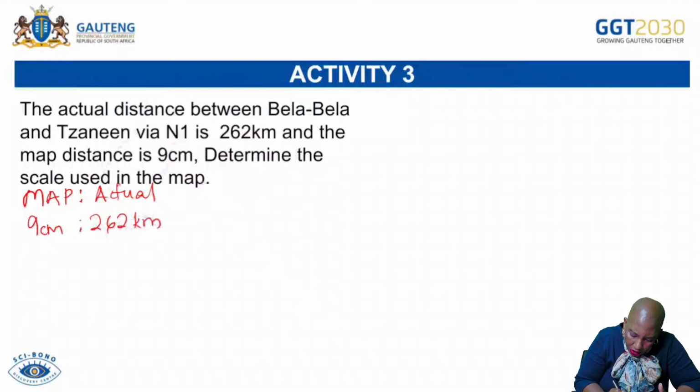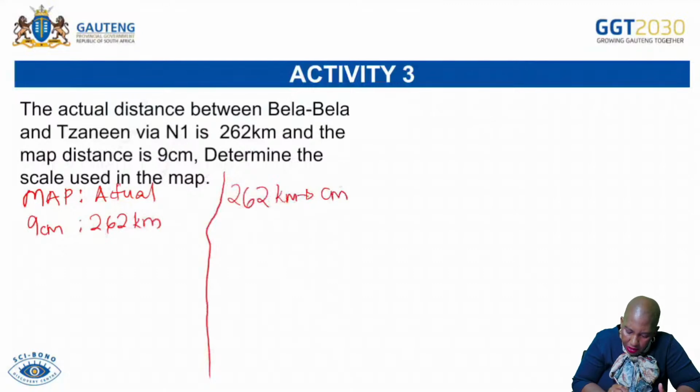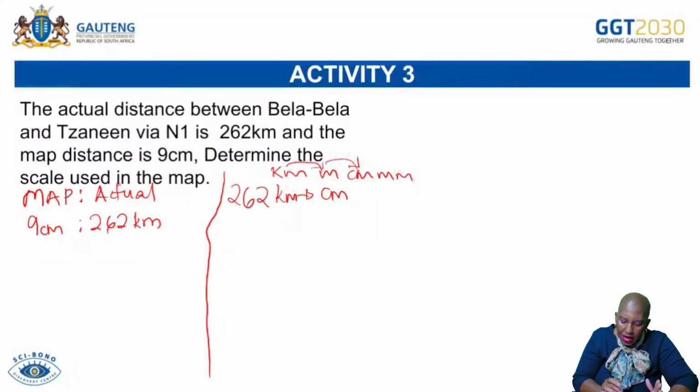If you allow me, I'm converting the 262 kilometers to centimeters. And then we said it's kilometer, meter, centimeters, and millimeters. From kilometer to centimeter, here we multiply by 1,000, here we multiply by 100, which should be 100,000.